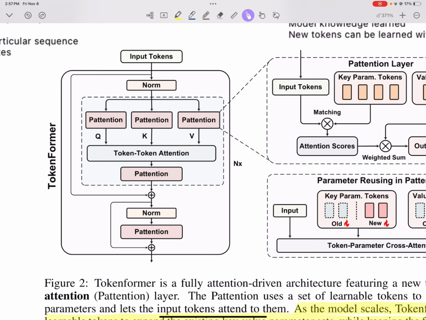So the MLP that generates the query, the key, and the value, as well as the MLP that processes the output of the token-to-token attention, and the feed forward neural network are all going to be replaced by this P attention component.